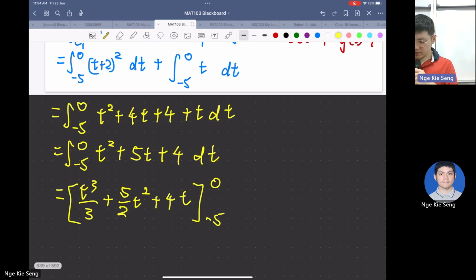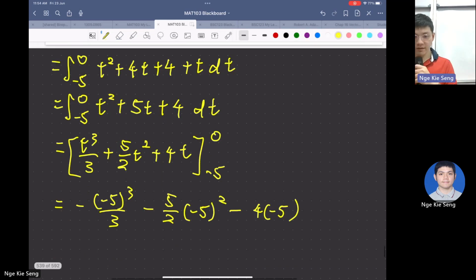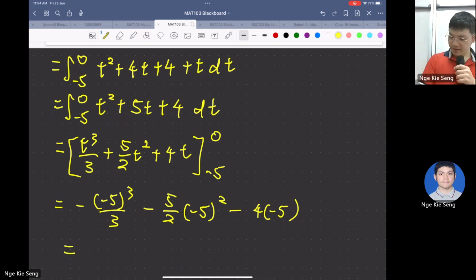0 is always 0, so we need to compute what happens at -5. So minus of (-5) cubed over 3 plus 5 over 2 times (-5) squared minus 4 times 5. So what's this number here?